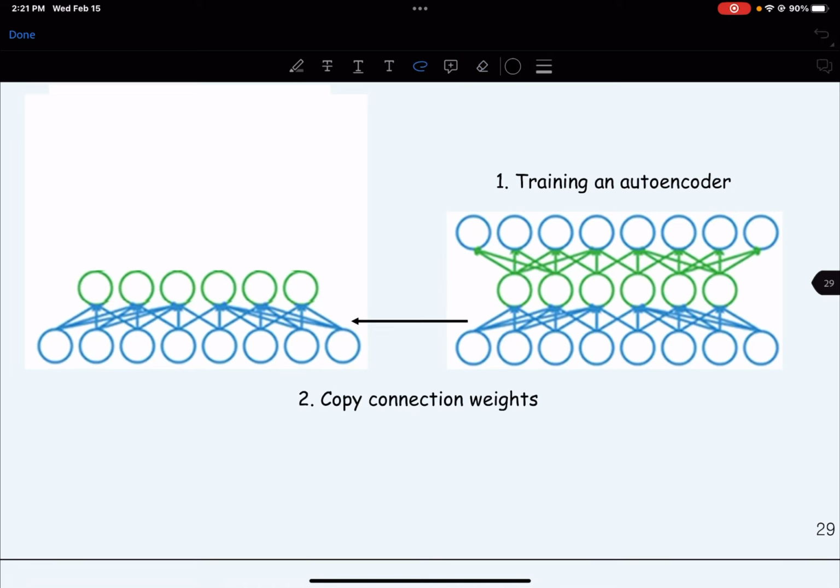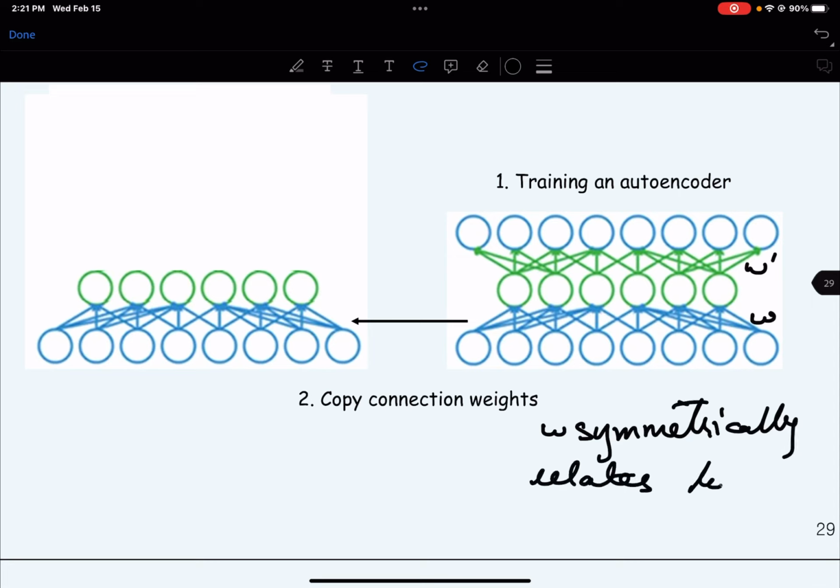If we have the weights W here, we will say that these weights are W dash, and your W symmetrically relates to your W dash on the decoder side. So W symmetrically relates to your W dash.